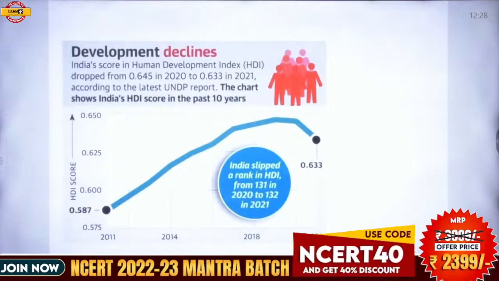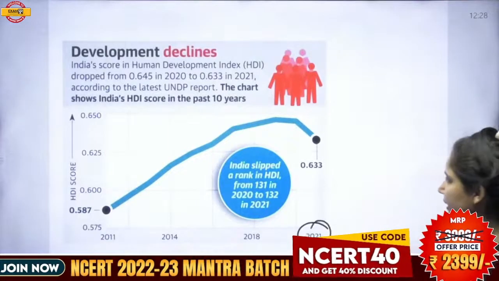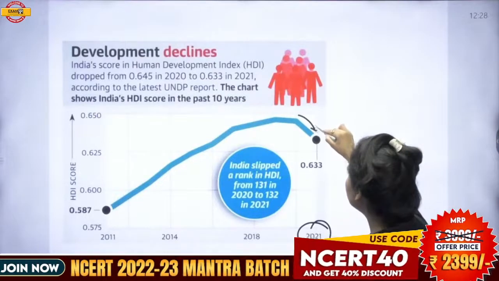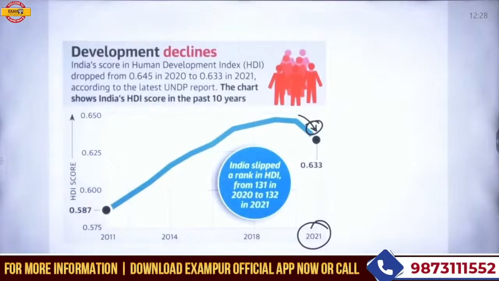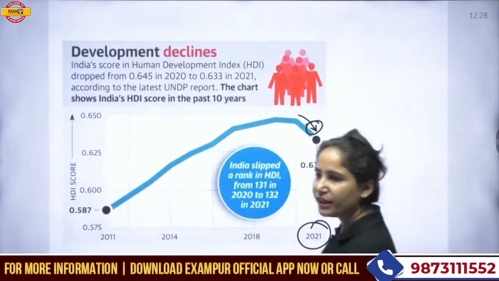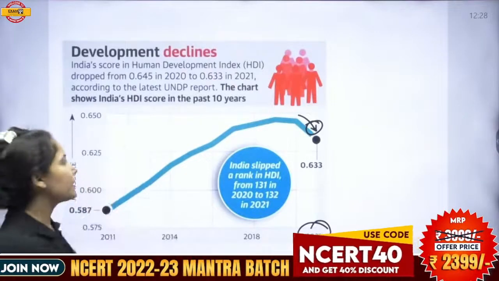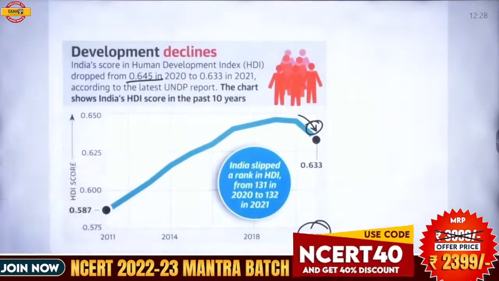So this is the graph you are looking at right now. In 2021, in the last 2 years, this graph has gone down. You can just see the picture. The graph is down, like we were comparing with the UK with the figure of 0.645 in 2020.